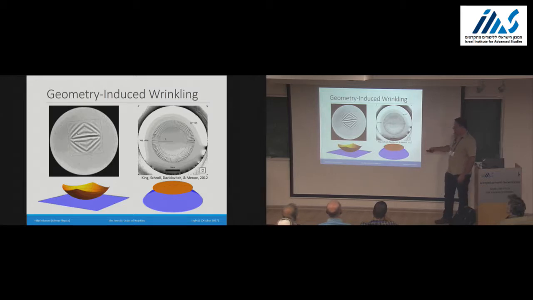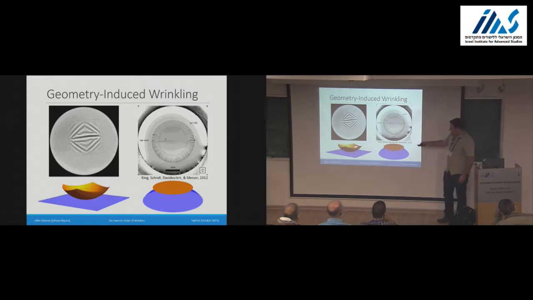Similarly, one can take a flat elastic sheet and put it on a spherical droplet. Again, everything here is small, so surface tension wants to make the droplet spherical. And again, as a result of geometric incompatibility, we have wrinkles around the sides, and one can explain these two phenomena, at least very coarsely, from just geometric principles.